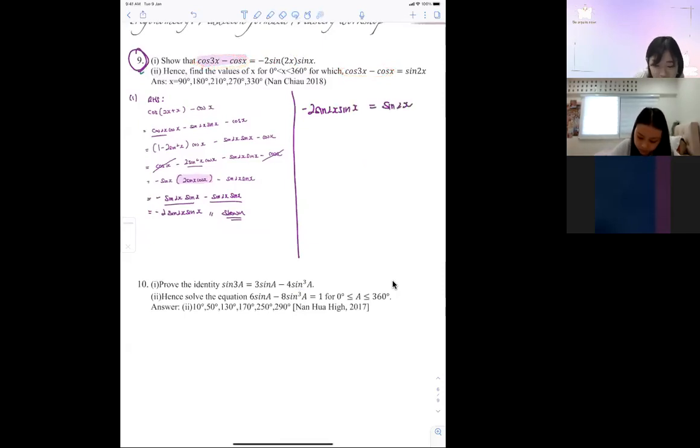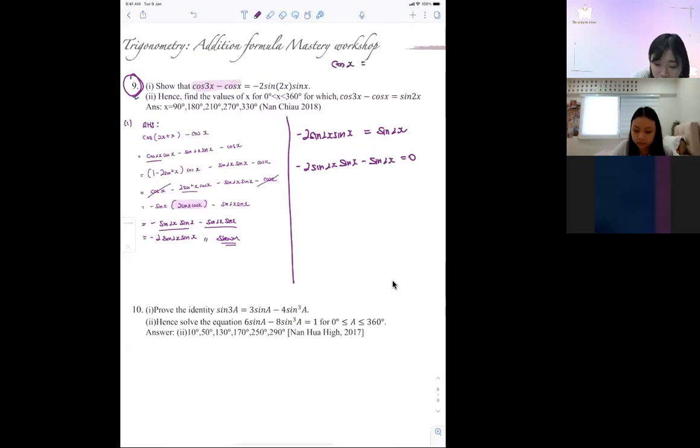The major mistake here is if you go and divide sine 2x away. Cannot divide away. You need to bring everything to one side equals to 0 and you factorize. Never divide away unless you got no choice. Like cosine x equals to 2 sine x, both sides can divide by cosine, you can change it to tangent.